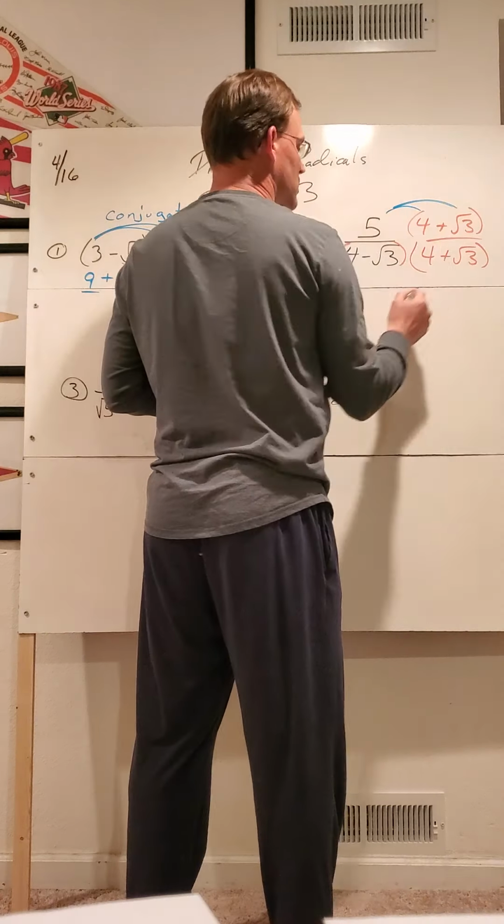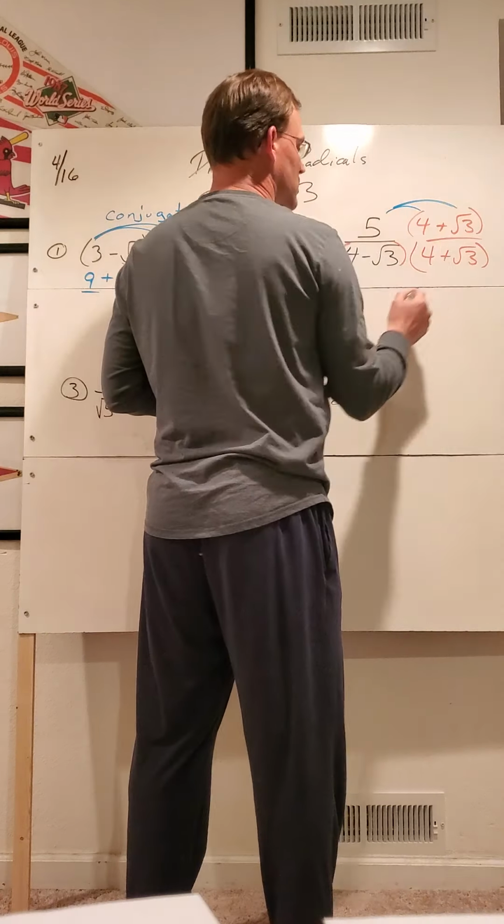Now on the bottom. Double distribution. 4 times 4, 16. 4 times this is plus 4 root 3. Negative 3 times this is minus 4 root 3. Minus 3 times plus root 3. Multiply those 2 together. Again, to get the square root of 9, it's going to come out to be just plain old 3.